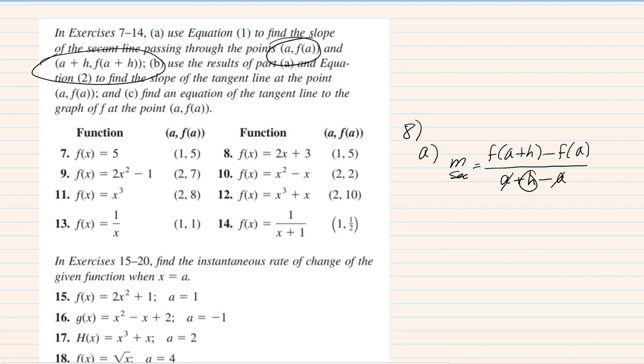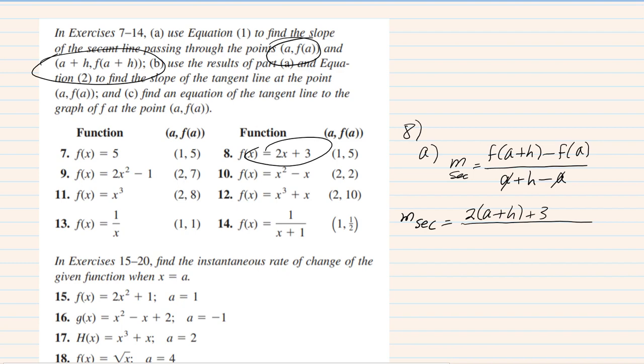Okay, so which is truly the change in y over change in x. So the slope of the secant line is therefore, now f at a plus h, we're going to plug in a plus h for x, right? So that's going to be a fraction: 2 times (a plus h) plus 3.